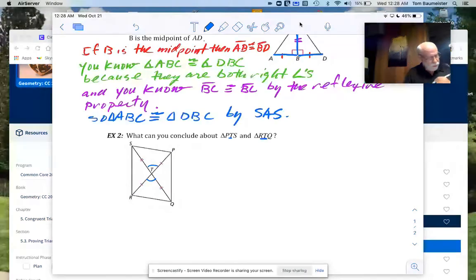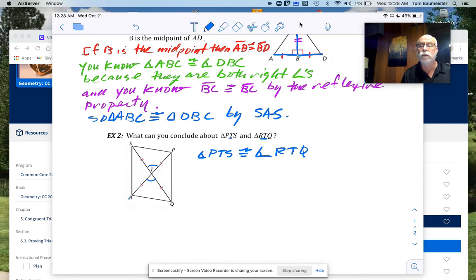Well, you know that angle, and again, I'm going to call it angle PTS, is congruent to angle RTQ. Why?